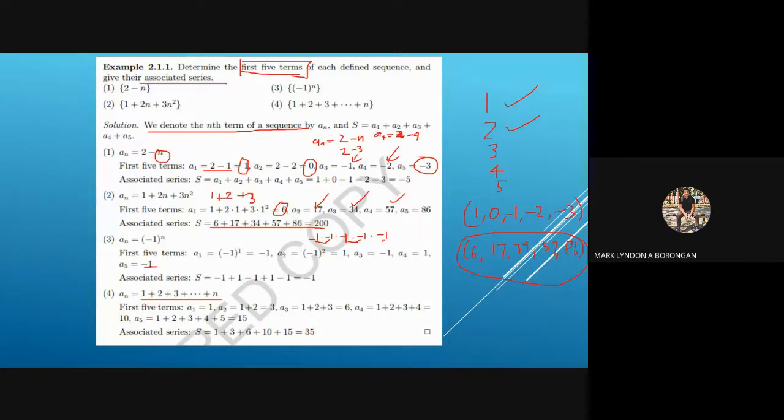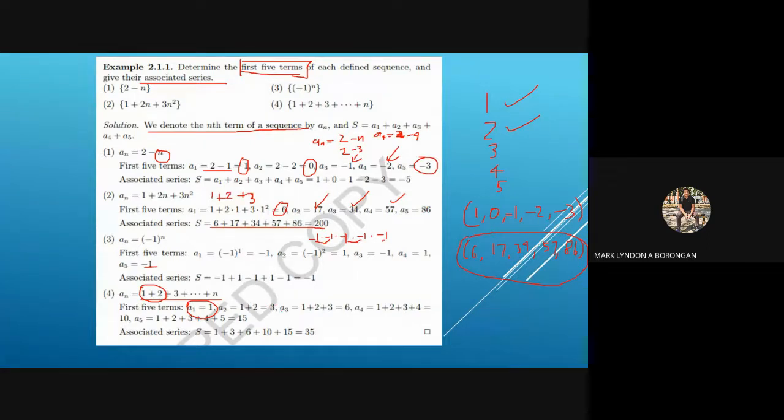The preceding number is the number before it. For example, a sub 1 has nothing before it because it is the first, so this will be our first term. Then a sub 2: since it is a series, we add, so 1 plus 2 is equal to 3.